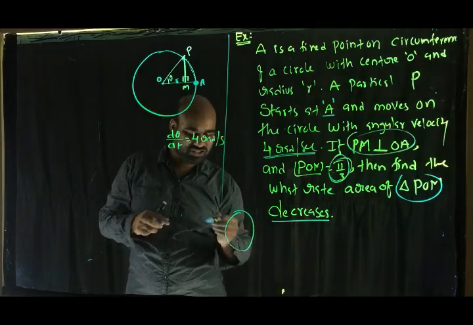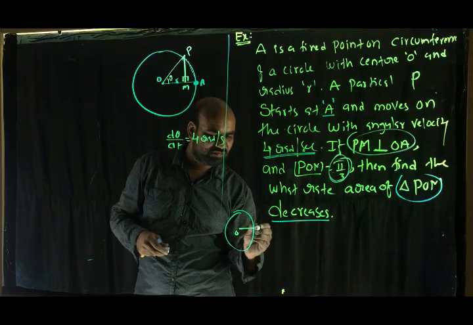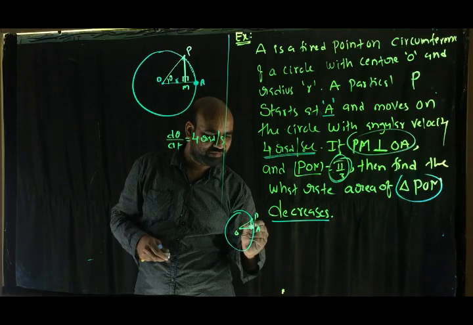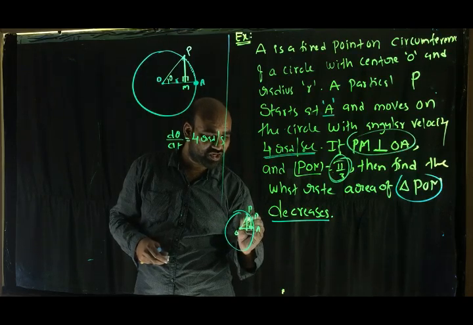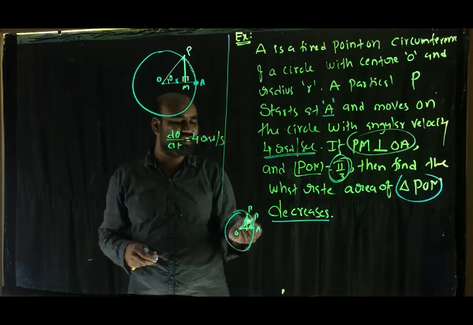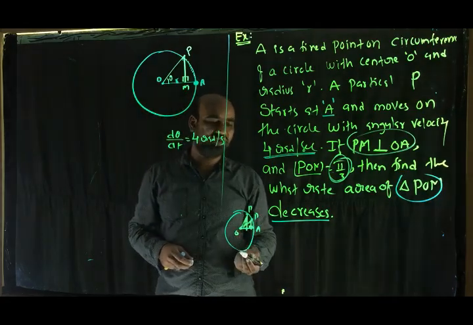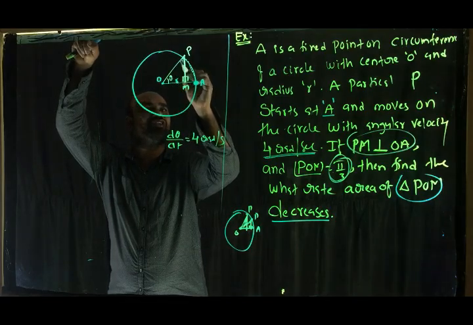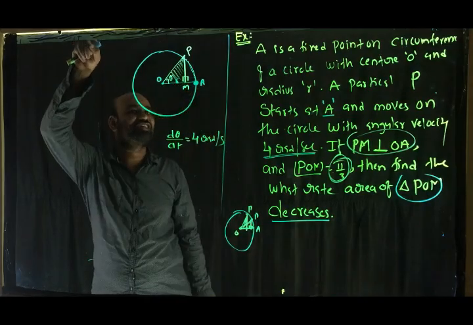See in this diagram, O is here, A, P is here, and PM makes this triangle. Previously this triangle, now this triangle. As P changes, the triangle also changes. The area is actually decreasing in the diagram. At theta equal to pi by 3, we need to find at what rate the area of this triangle decreases.